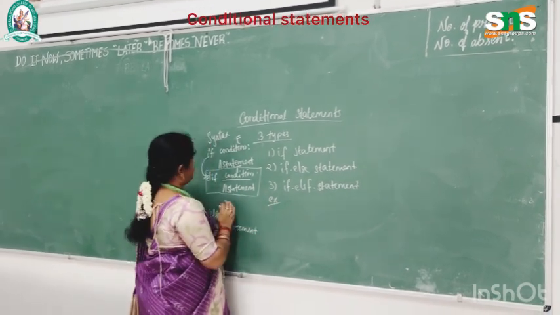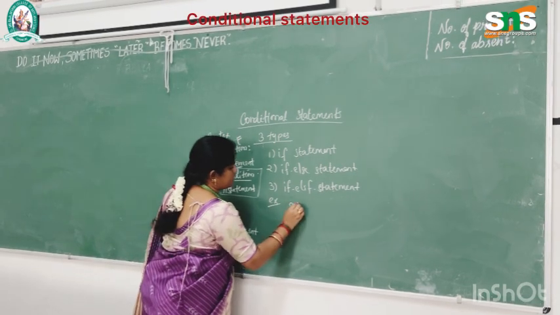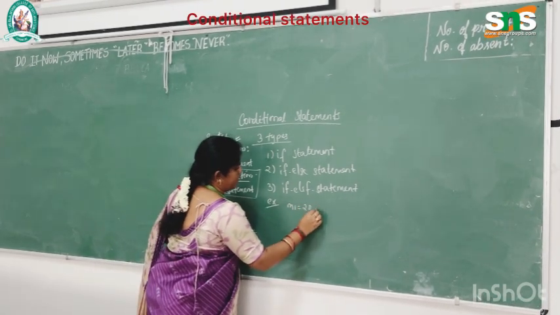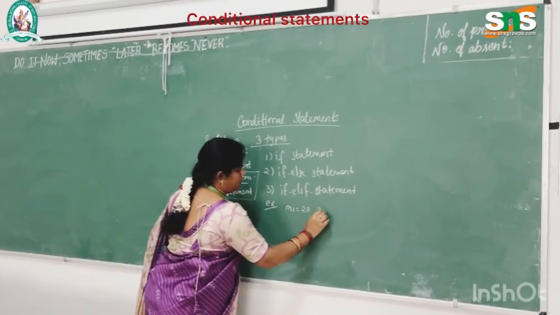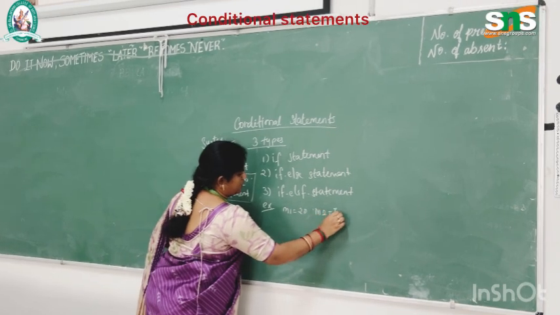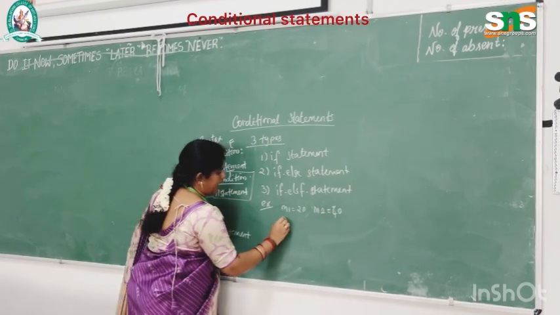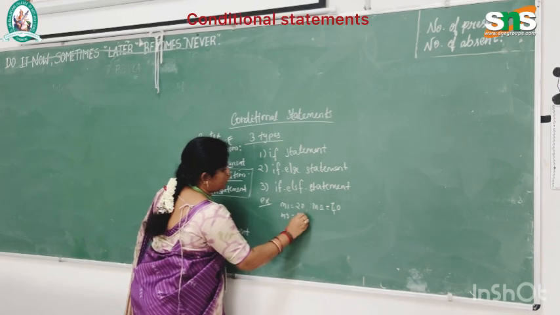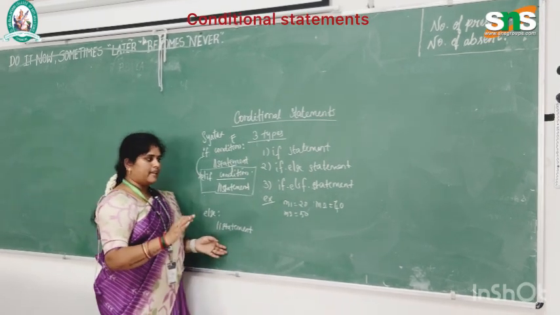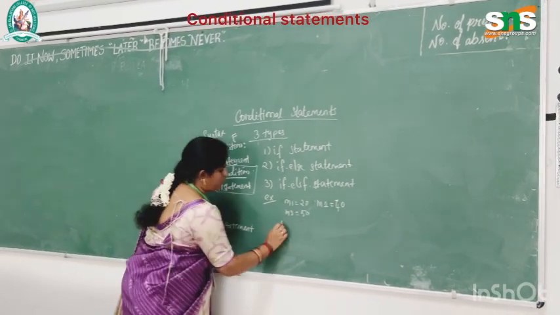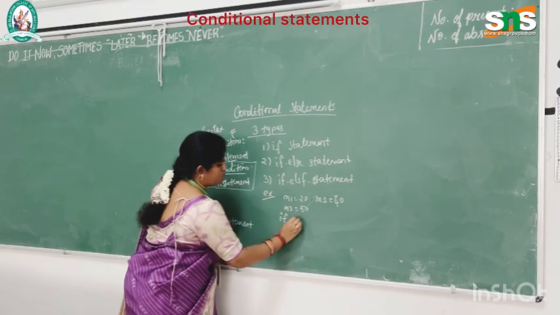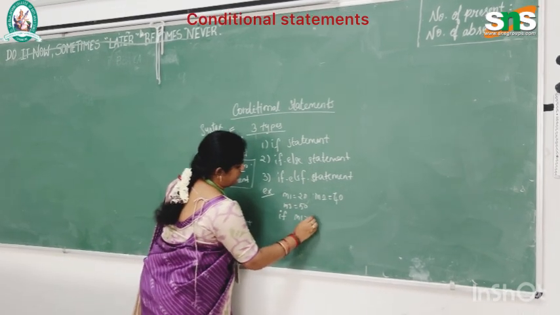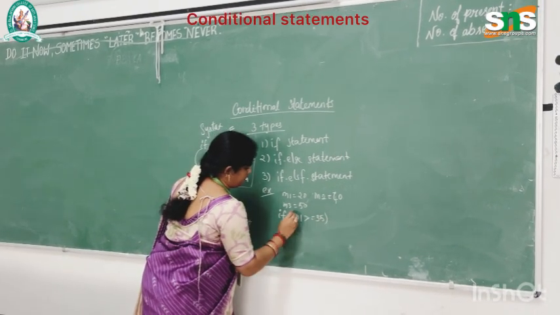So I am checking the marks for the concerned student. Mark 1 will be 20, M2 will be 40 and M3 will be 50. I need to tell whether the student gets the grade or not. For that, the checking criteria will be 35.